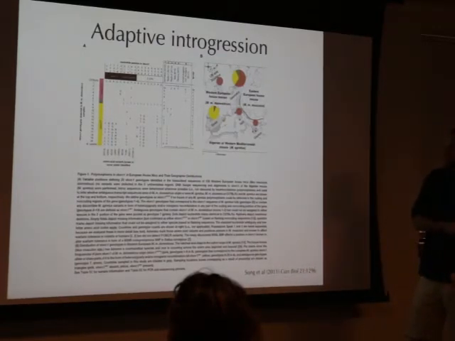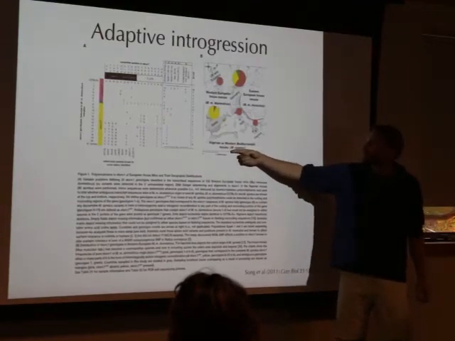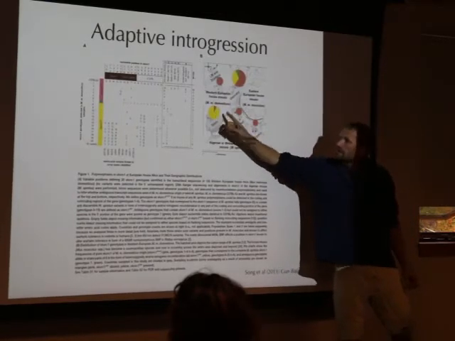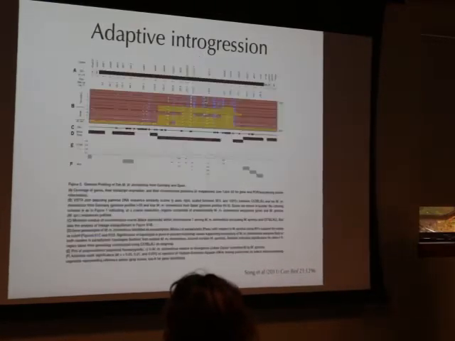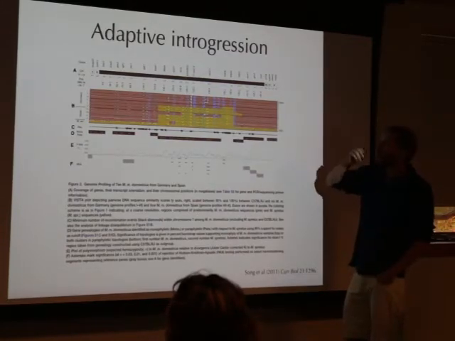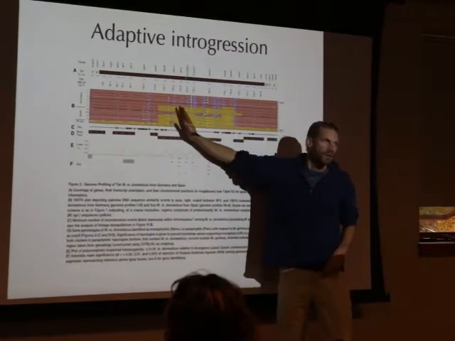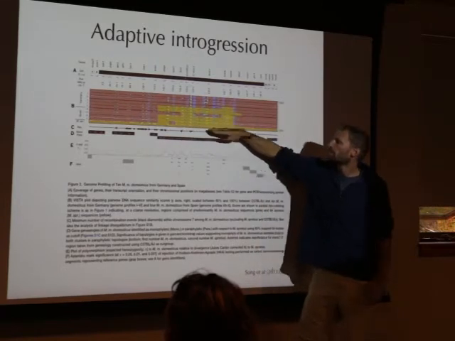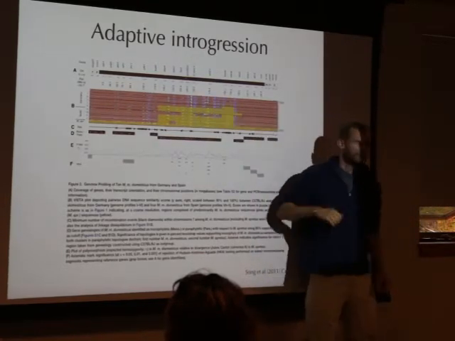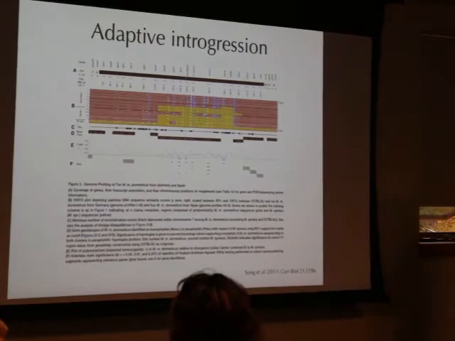Introgression of essentially pesticide resistance from this species down here into the species up here. The yellow shows the frequency. And if you scan across the genome, the yellow here, this block, is essentially the introgressed part of the genome that has moved from this species into populations of this species. So again, this is an adaptive introgression scenario. And you can imagine how you would be able to detect that kind of thing with fine-scale genomic data.